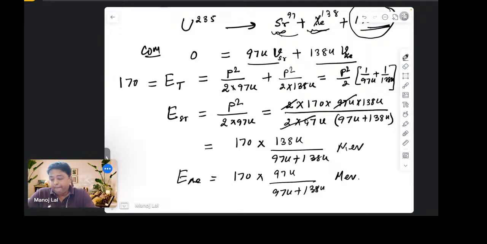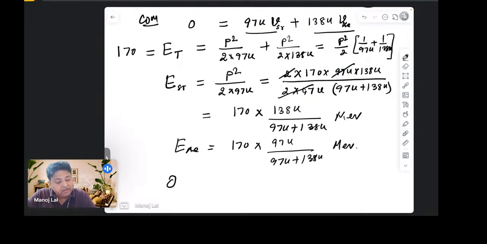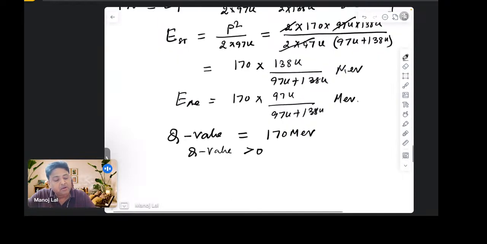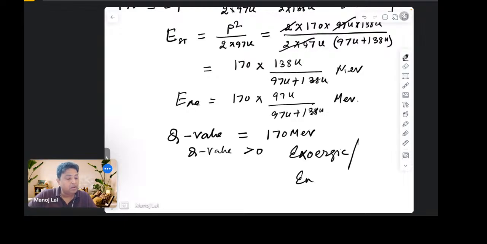Now here we say that the Q value in this reaction is 170 mega electron volt, positive. Q value is greater than 0. Such an interaction is known as exoergic, or in chemistry we know it as an exothermic reaction.